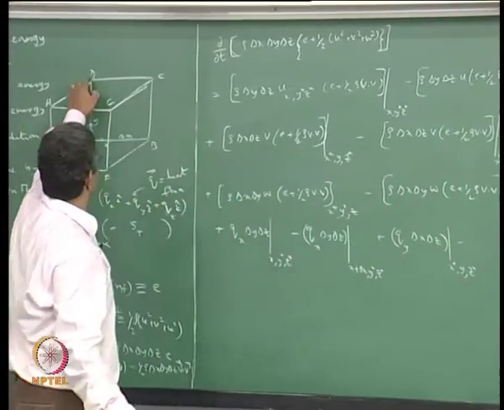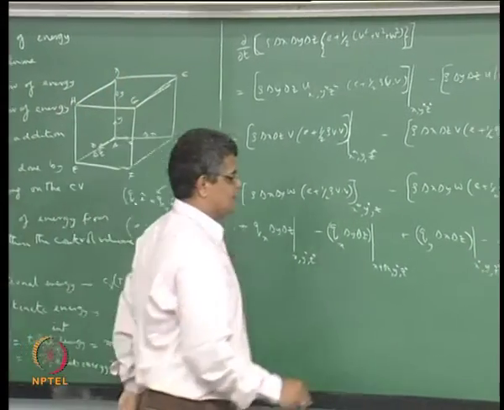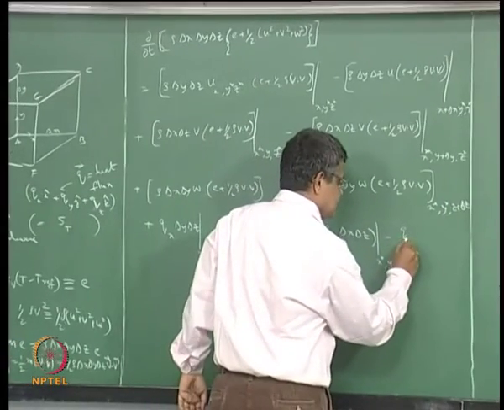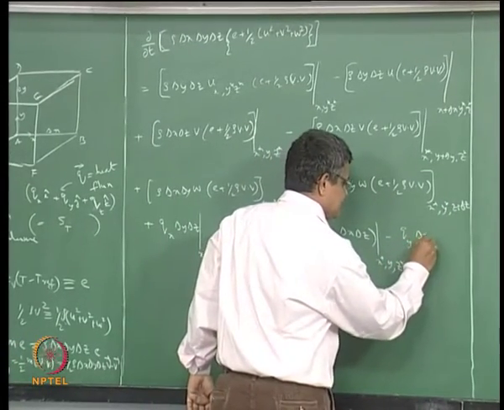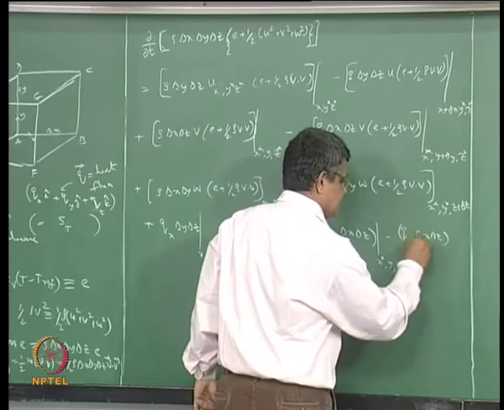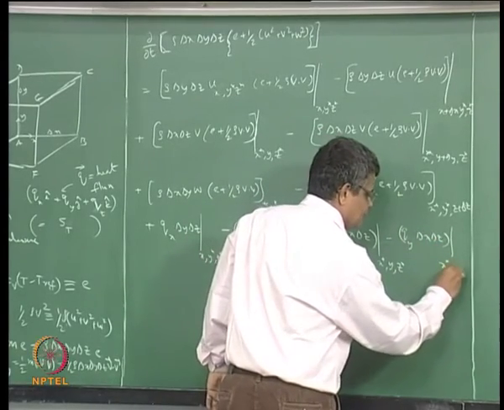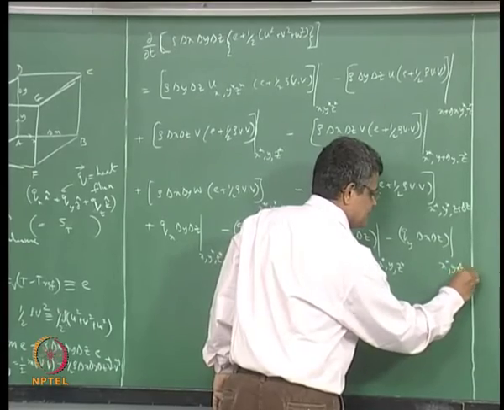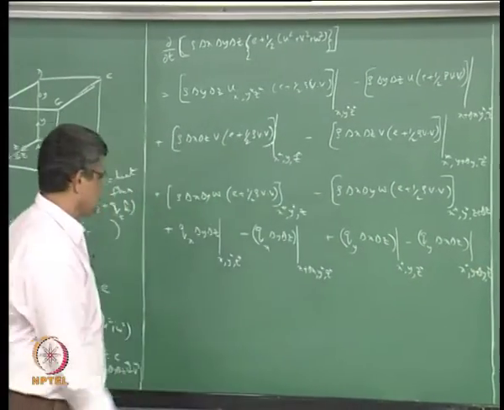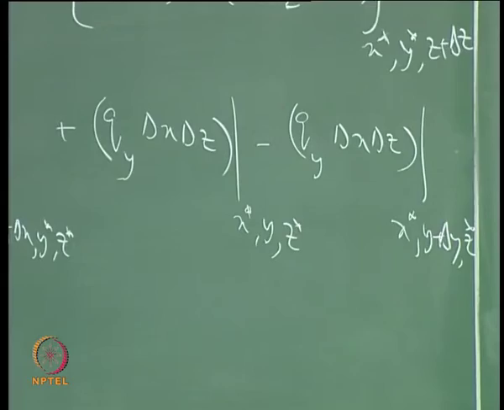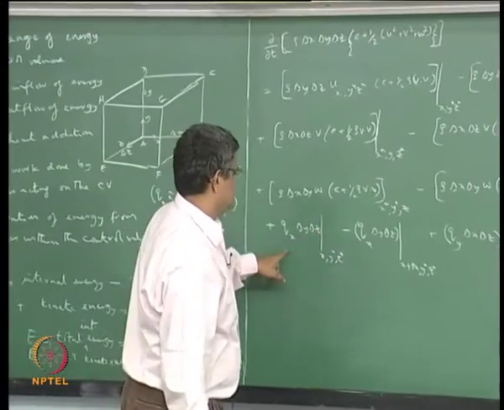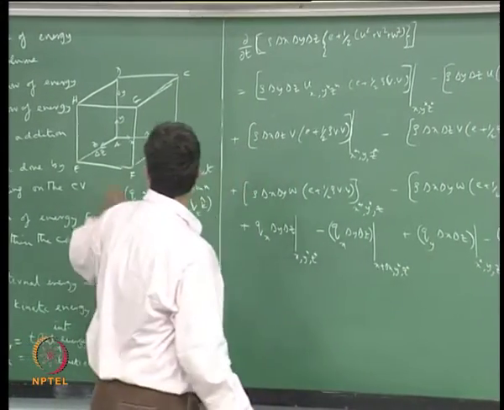The heat flux through the top face is something that is leaving, so that is Qy times delta x delta z with the minus sign, evaluated at x star, y plus delta y, z star. Okay, so we have now evaluated 4 of these faces.